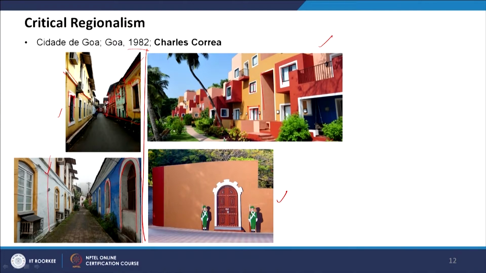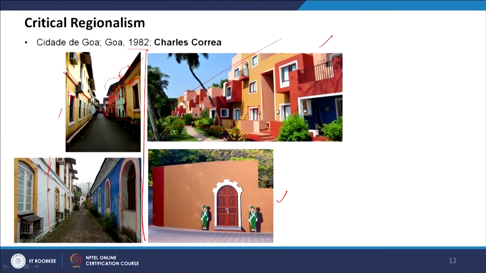And also, to break the monotony, since different people's buildings are different, he is not following this particular street facade, and he's breaking the monotony with solid and void. The monotony was also broken here by the color.